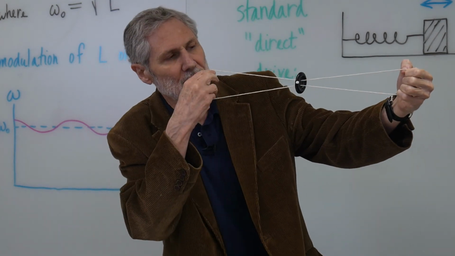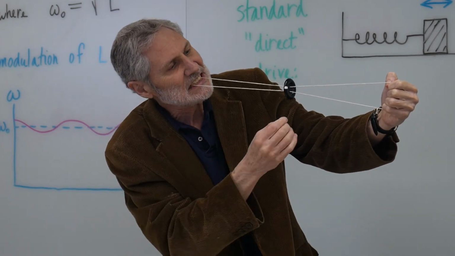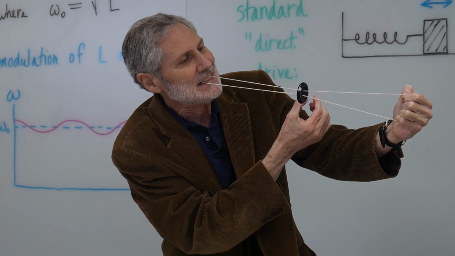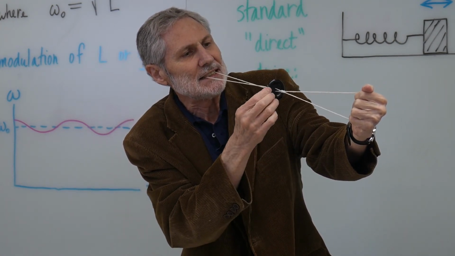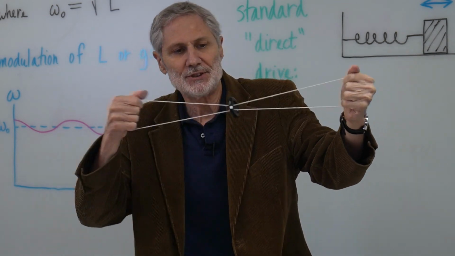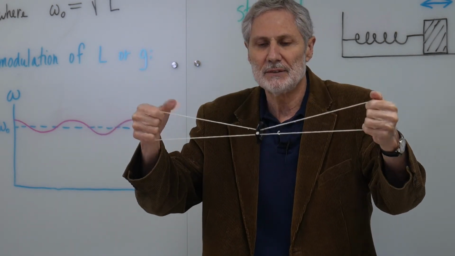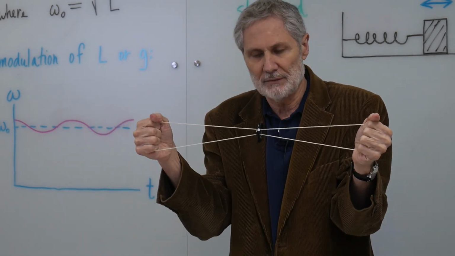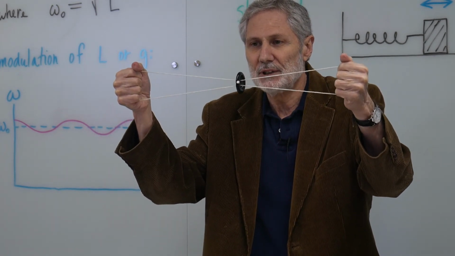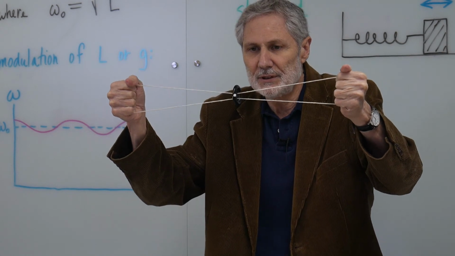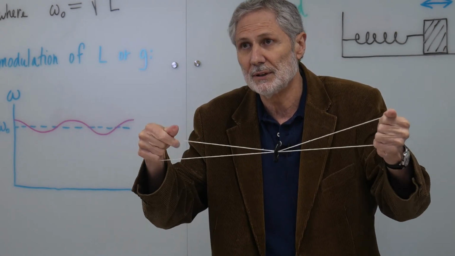And I can demonstrate that for you this way. You see those oscillations? They're significantly damped. Well, there's definitely a frequency there, right? We have inertia, we have stiffness, we have oscillations. Now, the frequency is going to depend upon the tension in the string here. If I increase the tension, the frequency will be greater.